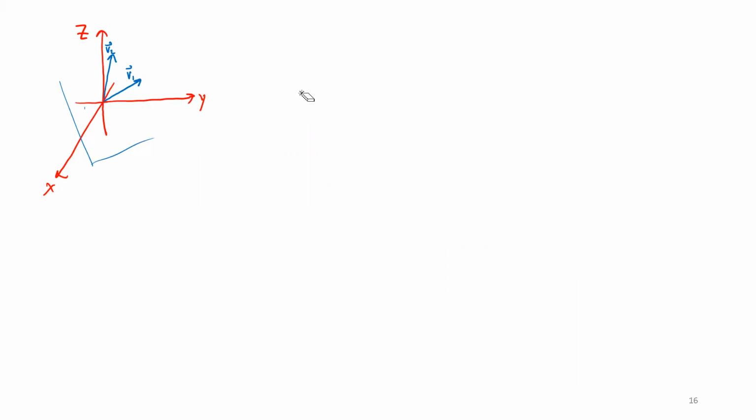I don't want this V2. I want another vector, this V2 prime, such that V1 and V2 prime are orthogonal, and all these three vectors lie on the same plane. So I want to find V2 prime out of the original two vectors.